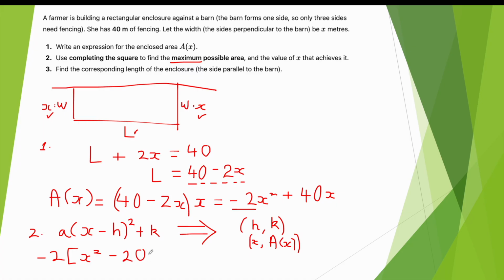Then we're going to start completing the square of what's inside the brackets. How do we do this? Well, what we need to do is find half the coefficient of minus 20, which is going to be minus 10. And then we can put x minus 10 squared in brackets.